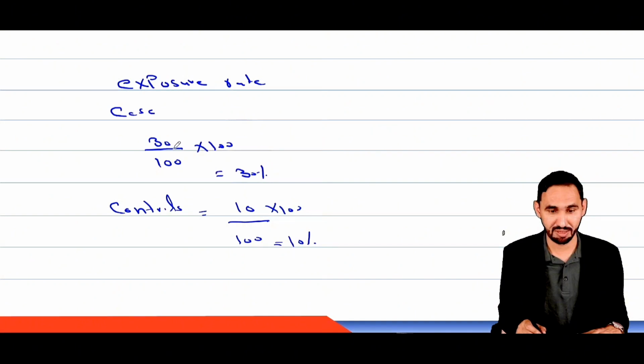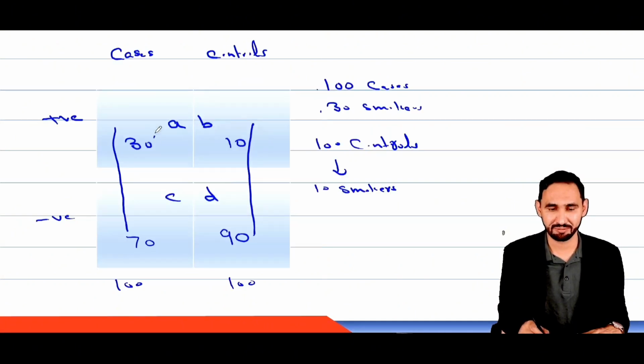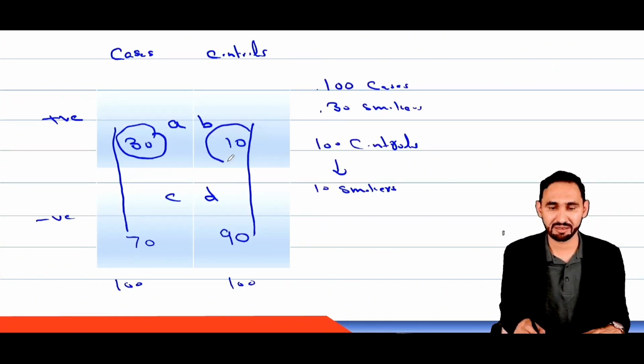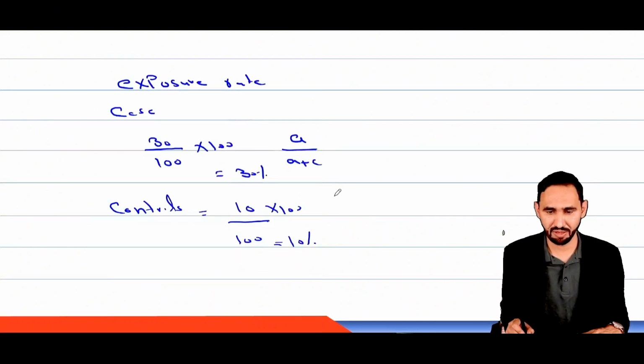We know that 30 people are exposed, so we write there A, and total number of cases, A plus C. And then we see that 10 controls were exposed. It is B. So we divide B by B plus D and multiply by 100.